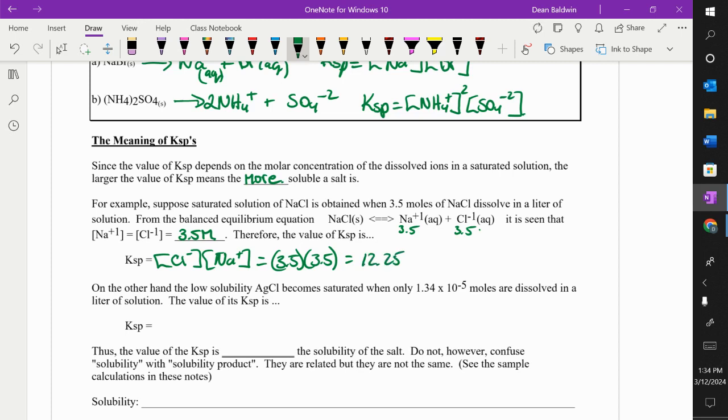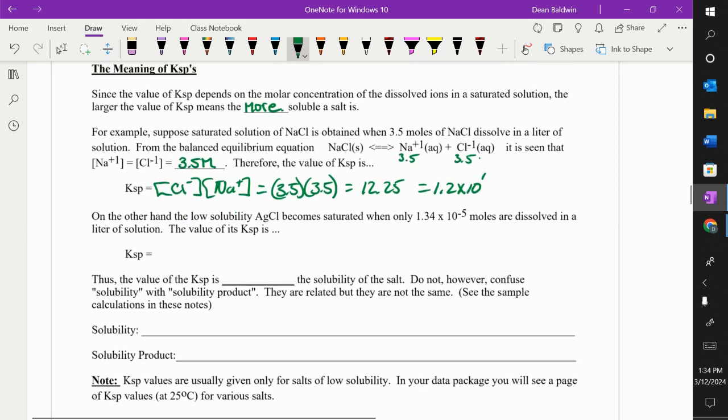And if we're going to go with sig figs, we'll write it in scientific notation: 1.2 times 10 to the 1, or just 12. Okay, again, KSP, just like KEQ, has no units. Yeah, because it's essentially a KEQ. All right, so it has no units.